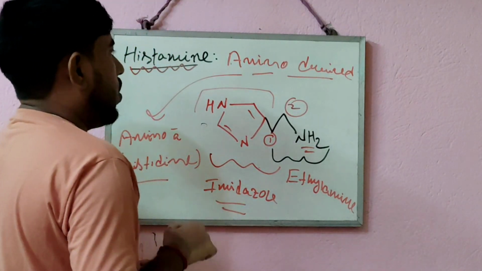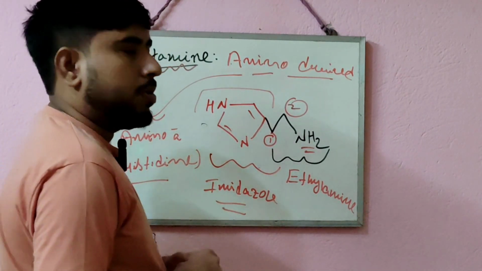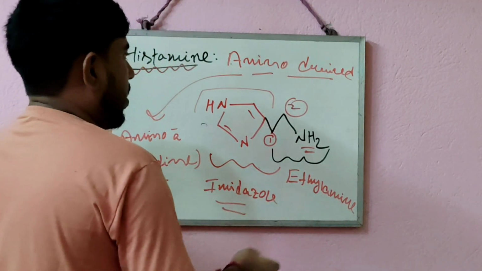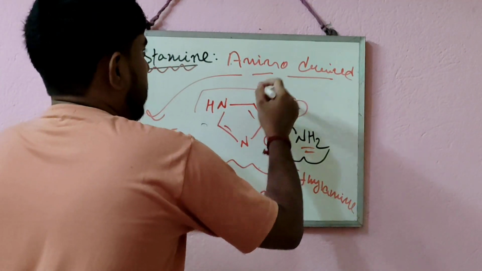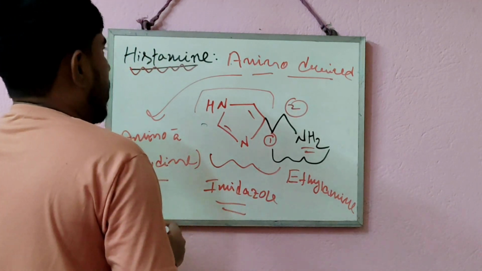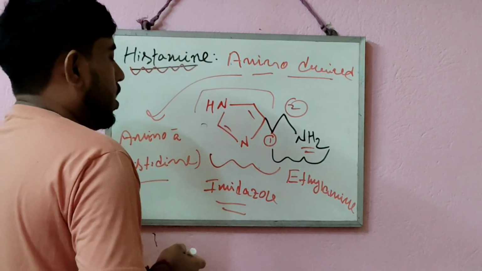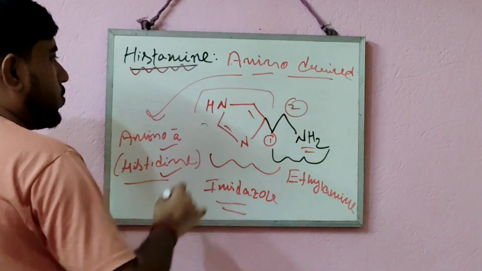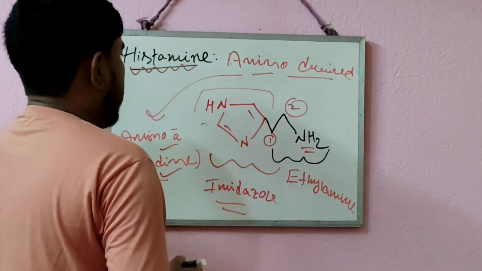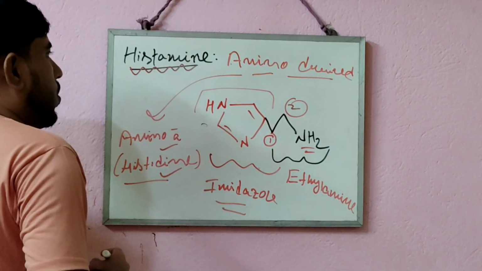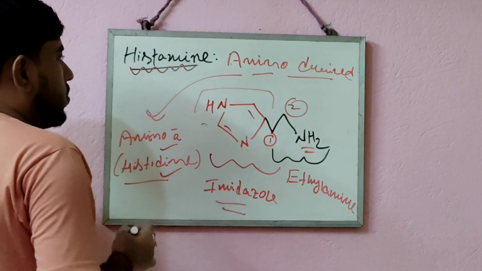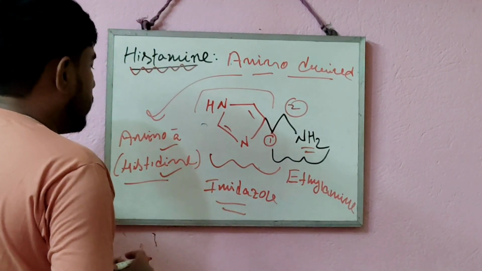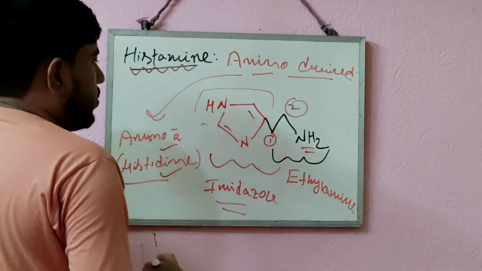Histamine is an autacoid which plays an important role in different physiological actions that I am going to discuss in the upcoming slides. It is an amino-derived autacoid which is derived from the amino acid histidine.